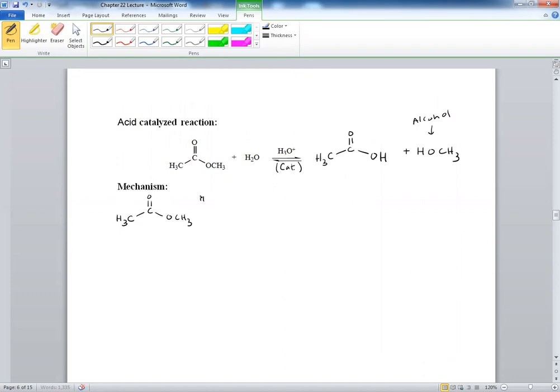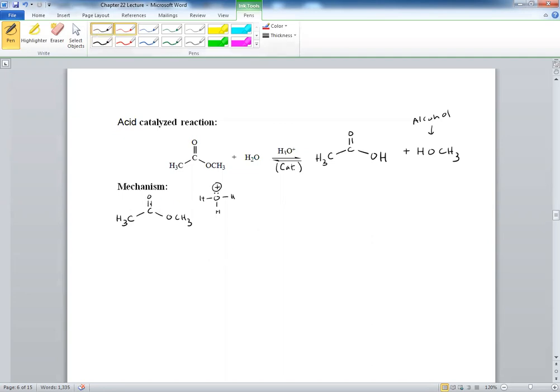Now, the first step, because the reaction is slow, is you need to make the carbonyl group more electrophilic.